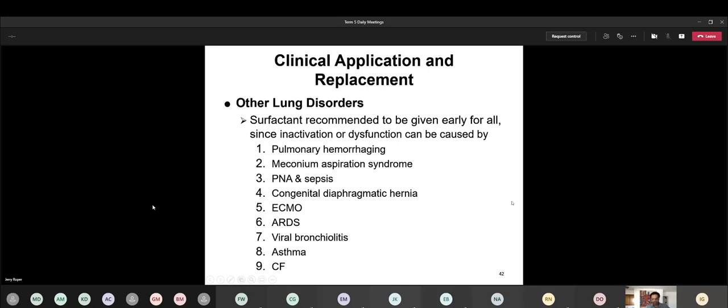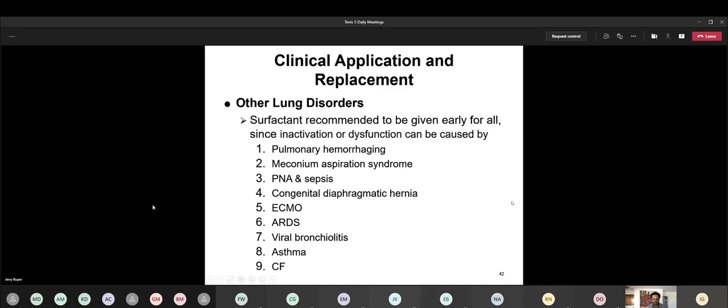Anywhere from pulmonary hemorrhaging, anything that's going to fill the lungs up with fluid, whether it's blood or interstitial fluid or whatever the case is, it's essentially going to wash out your surfactant anyway. It's going to essentially deactivate the surfactant. So pulmonary hemorrhaging, even meconium aspiration syndrome, is going to cause problems with this surfactant.